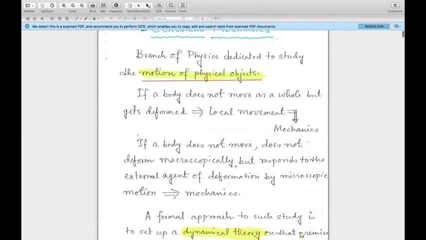mechanics. Okay. Now, if a body does not move at all, does not even deform macroscopically, but it responds to the external agent of deformation.